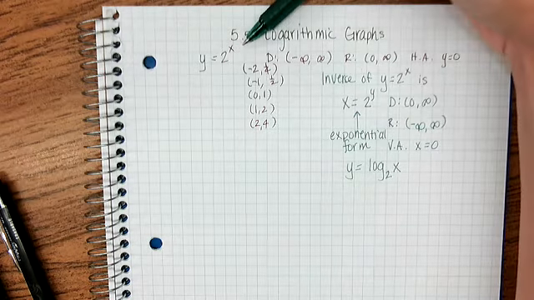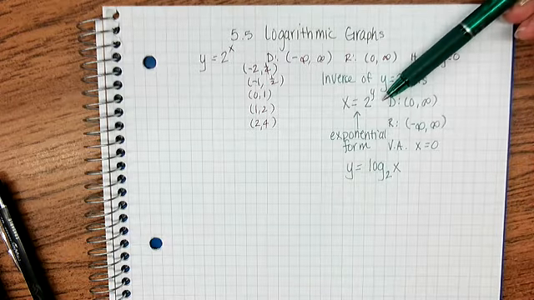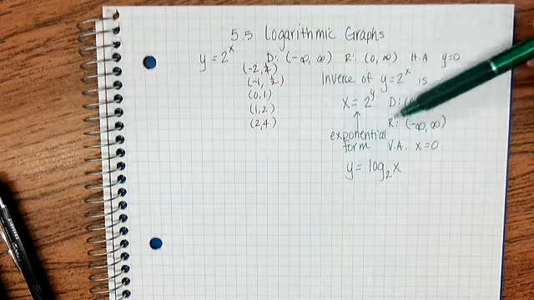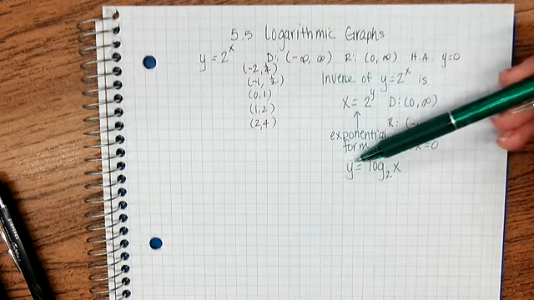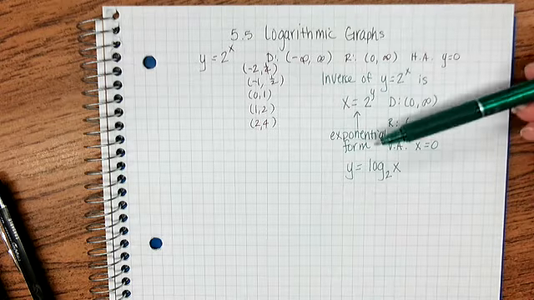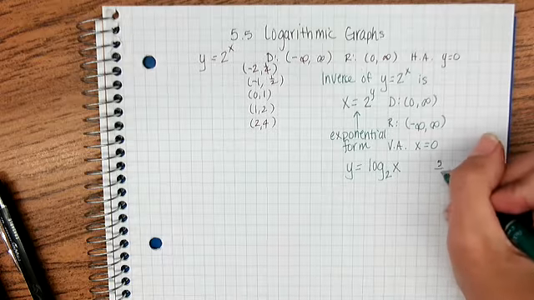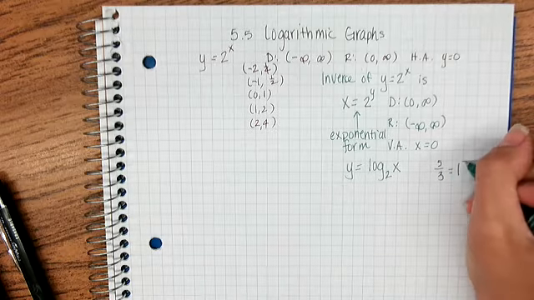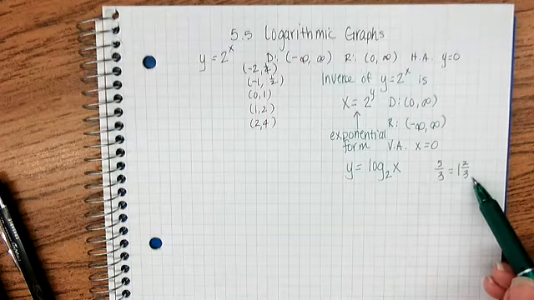Okay, so let's put it together. I started with y equals 2 to the x. To find its inverse, I switched x and y. To solve for y, these are the same. X equals 2 to the y and y equals log base 2 of x are the same. They're just written in different forms. It's like saying 5/3 is the same as 1 2/3. They mean the same. One's an improper, one's a mixed.